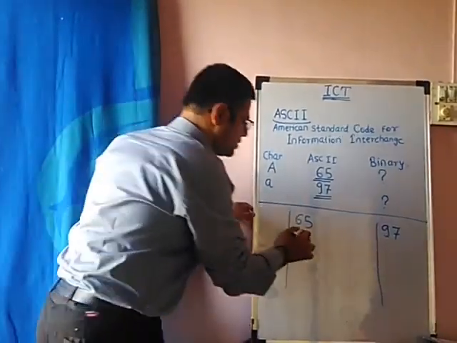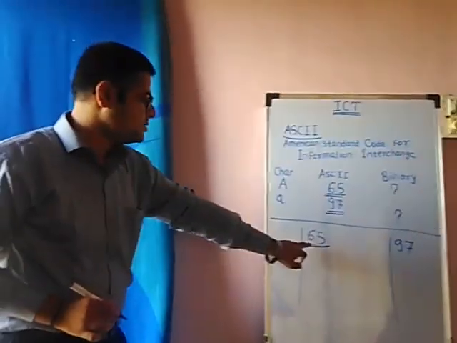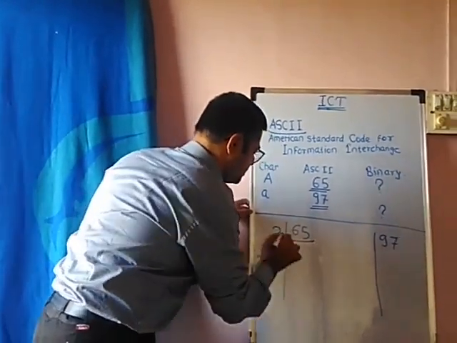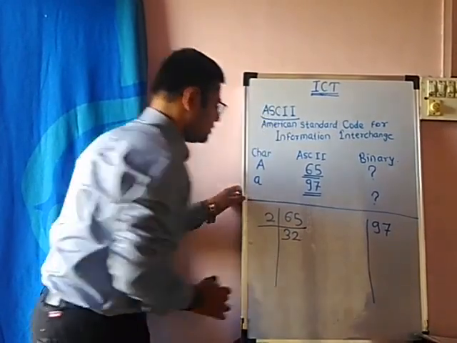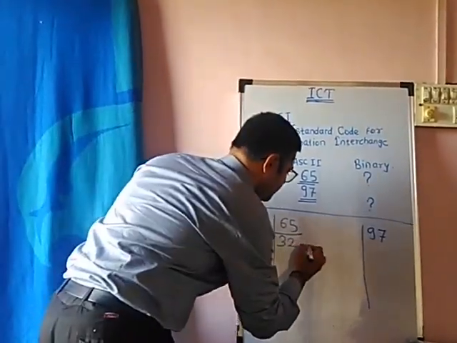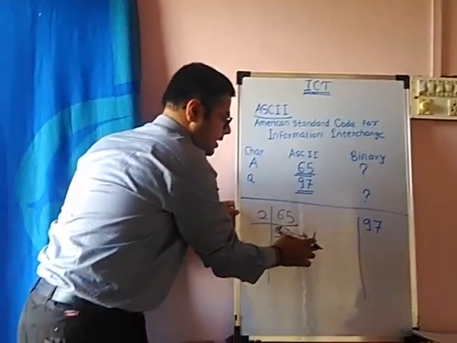So what is the procedure? Let's see. Now, divide this 65 by 2. What is the division? 2 3s are 6 and 2 2s are 4. 32 is the division and 1 is the remainder. You have to make an arrow like this and you have to write the remainder over here.